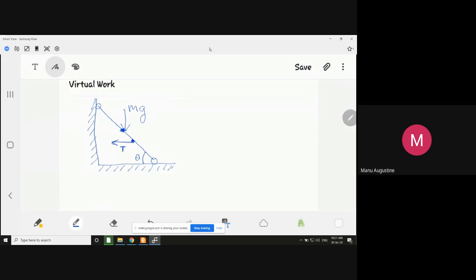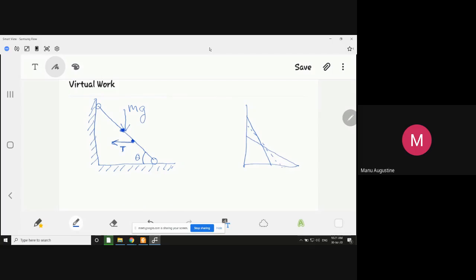Eventually, to make use of the concept of virtual work, you have to give this ladder some small virtual displacement. And how do you do that? If the ladder is originally positioned at this angle, then you will either tilt the ladder so that it comes into a new inclination like this, or you can incline it like this.